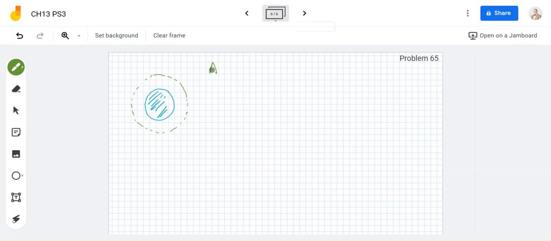So area would be equal to pi r squared. Okay. So it says the area enclosed by the orbit depends on r squared. So what we're saying is we say it depends on. They're saying that A depends on r squared. We don't care about what the constants are. A depends on r squared. That's what they're saying. And it's determine how the following properties of a satellite depend on r.